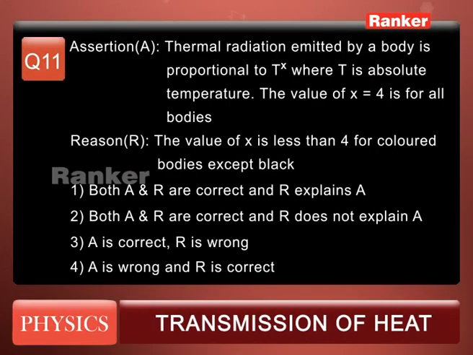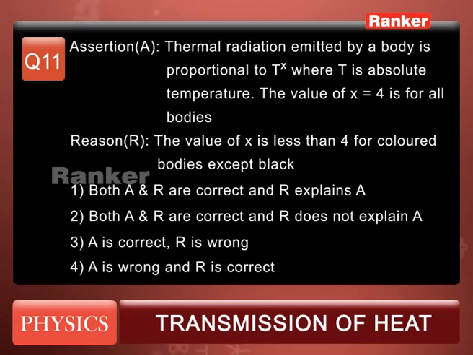Question number 11. Assertion and reason based question. The assertion is that thermal radiation emitted by a body is proportional to T to the power x, where T is the absolute temperature and the value of x is 4 for all bodies. Reason R: the value of x is less than 4 for colored bodies except black.